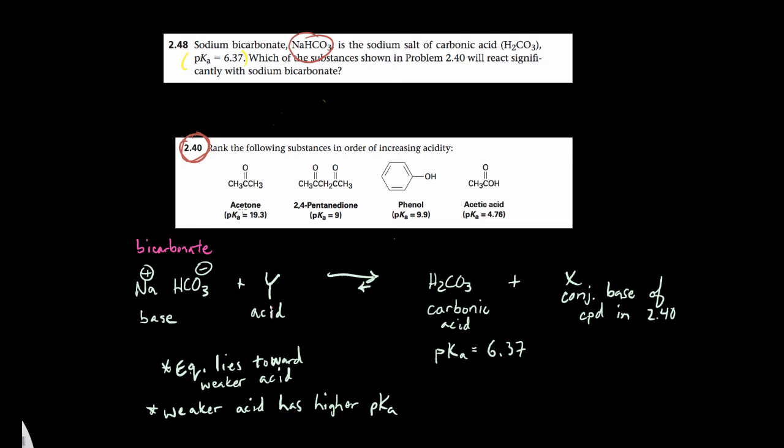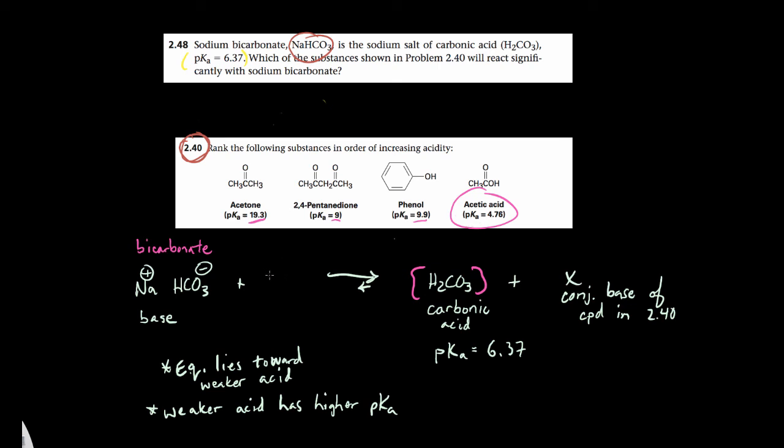And which one of these has a higher pKa than carbonic acid? Well, all of them except acetic acid. So 19.3, 9, 9.9, those are all higher. If we look at acetic acid, that's the only one that's lower.